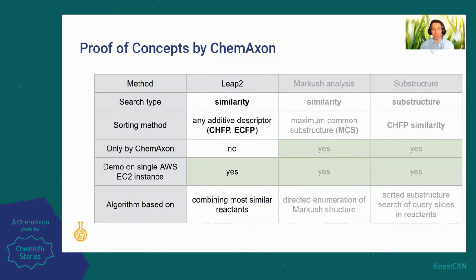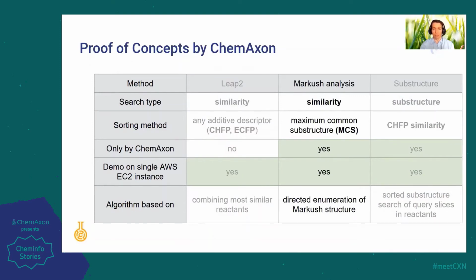It's a similarity-based algorithm. We used it with a chemical hash fingerprint to sort, and it's based on combining only the most similar reactants. So not all of them, just a few segments of them, which make the most similar products combined.